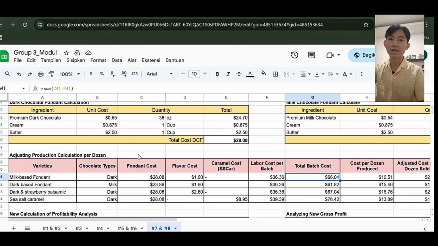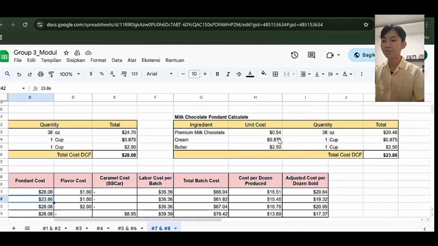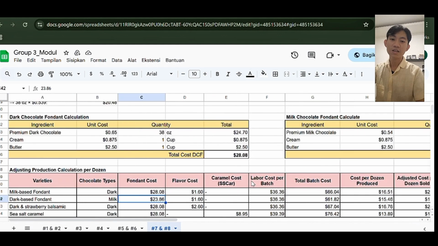The dark-based fondant uses milk chocolate, so it is 23.86 from what we calculated before, the flavor cost remains the same, and the labor cost is 36 after adjustment, so we got $61.82.